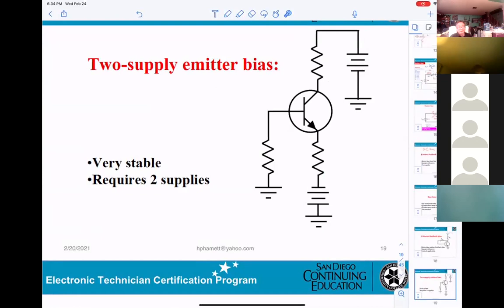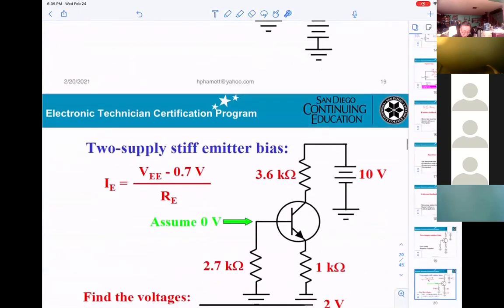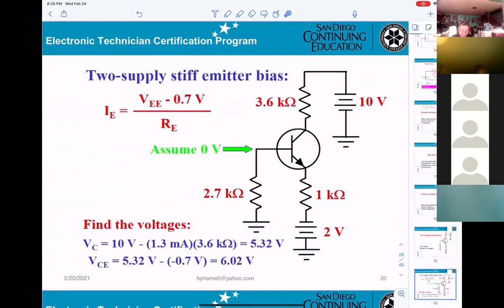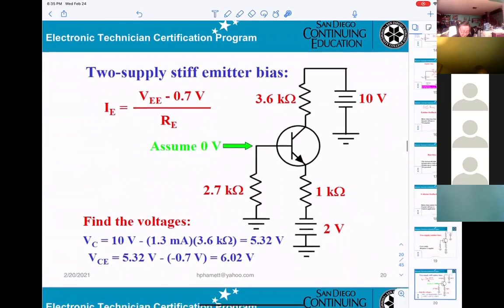They want only one power supply. Two power supplies need more room and cost more. That's why. Two supply emitter bias, that's why they're using two here. I already gave you how we calculate it.